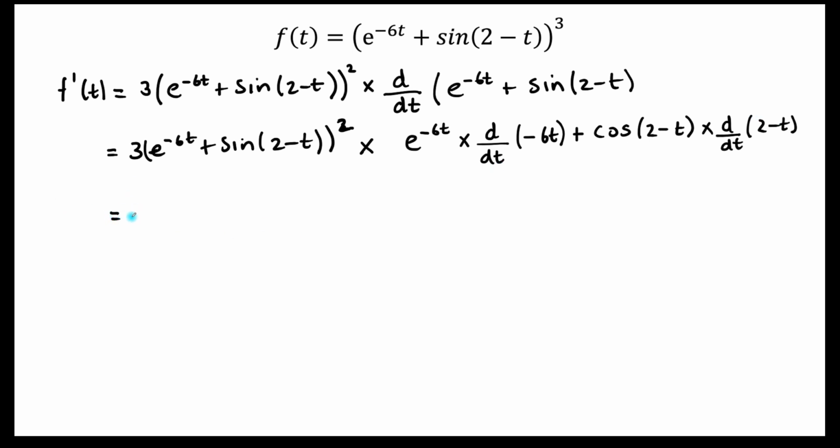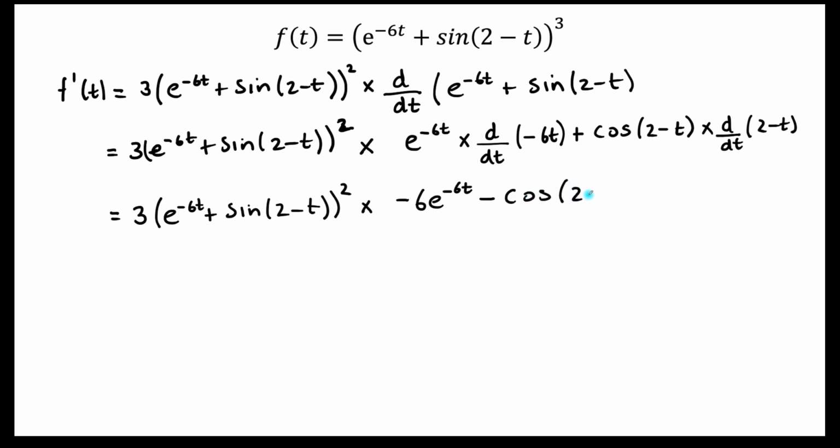And then that would give me, if I differentiate this, minus 6, so it'll be minus 6e to the minus 6t, and here when I differentiate this portion, that will give me a minus 1, minus 1 times that would just give me minus cos of 2 minus t.